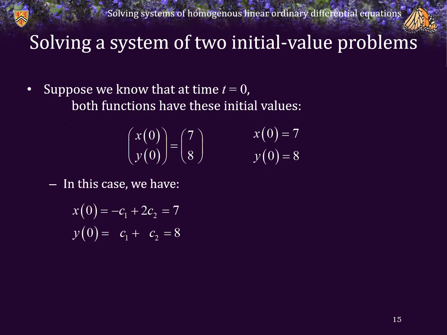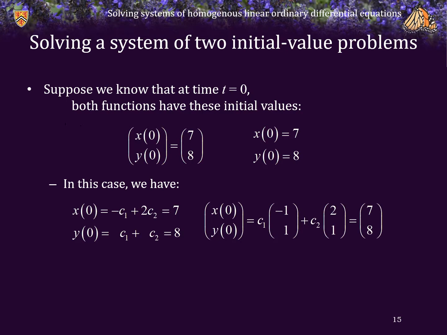In this case, e to the -4 times 0 is just 1, and e to the -0 is also equal to 1. So therefore, x at 0 is this linear combination of the unknowns c1 and c2, and that must equal 7. Y at 0 must be c1 plus c2, and that must equal 8.